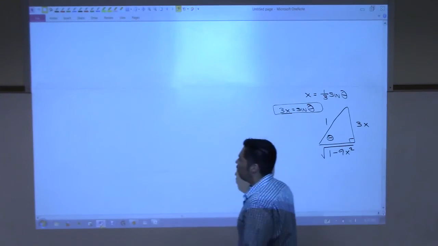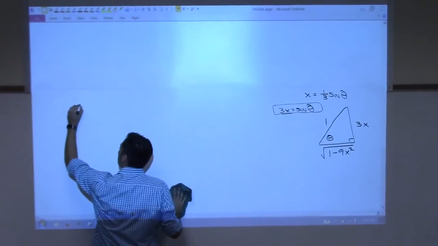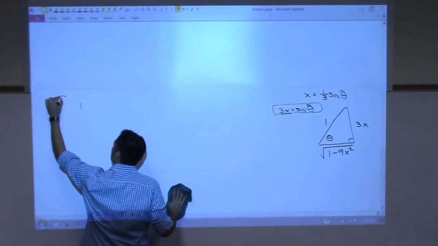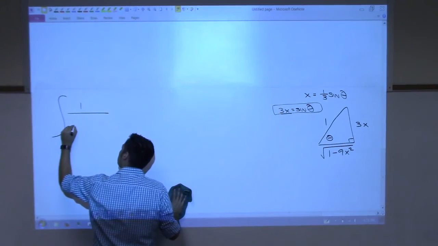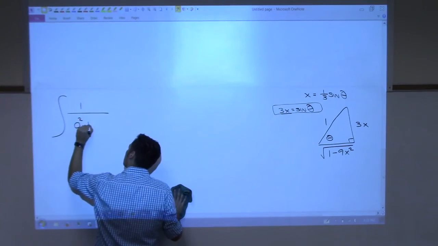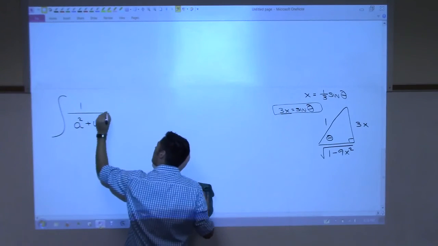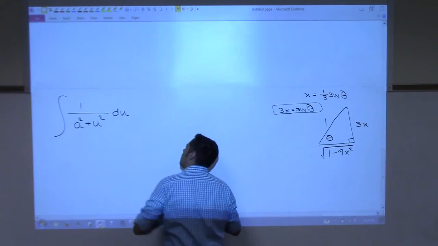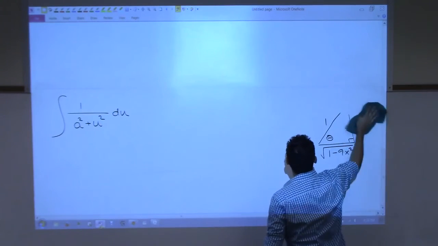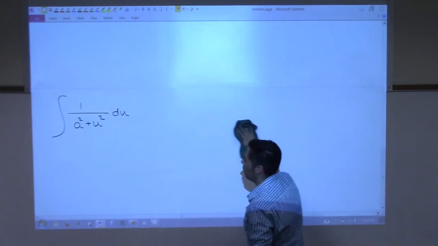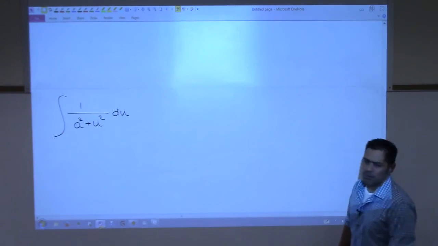But there's one particular formula that is in your formula sheet. It might be u squared plus a squared on the formula sheet.